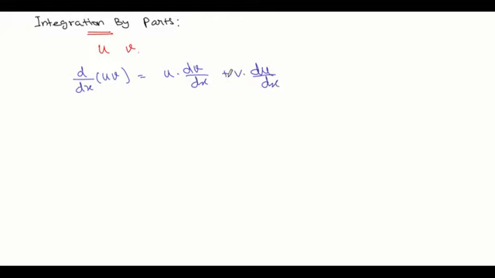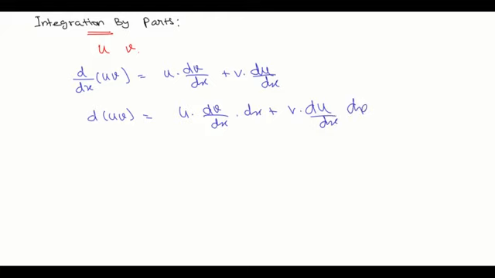We'll write this first. Now I'm going to integrate this. So what will happen? d(uv) equal to u into dv by dx plus v into du by dx.